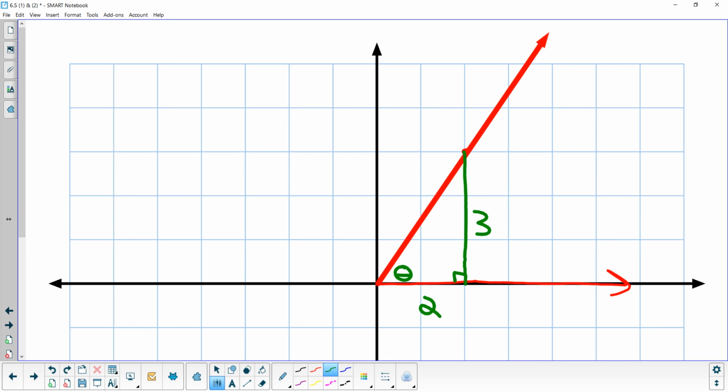This side is 3. What side am I missing? The hypotenuse. How could I find it? Pythagorean theorem. And what's the length of the hypotenuse in that triangle? Eli? The square root of 13. Yep, square root of 13.